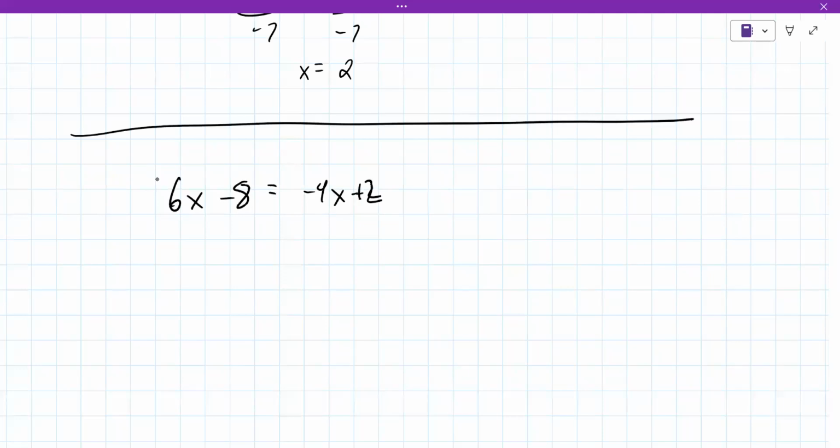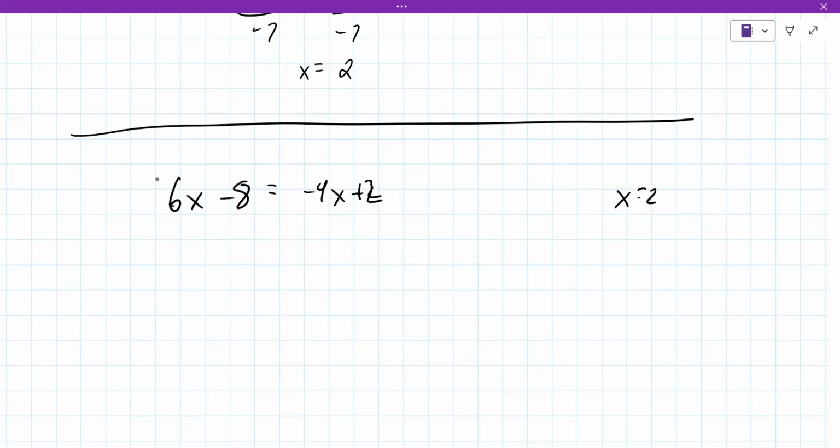Oh, okay, plus 2. My final answer is also 2. x equals 2.